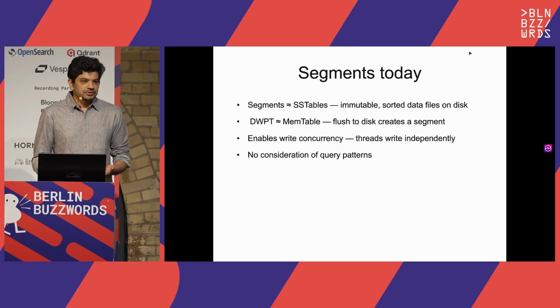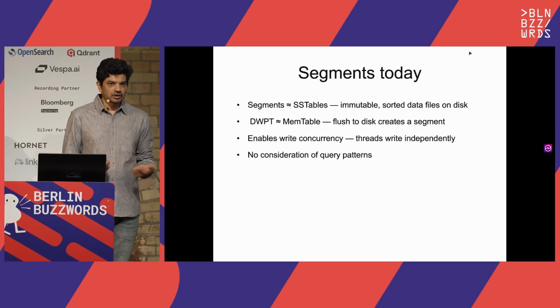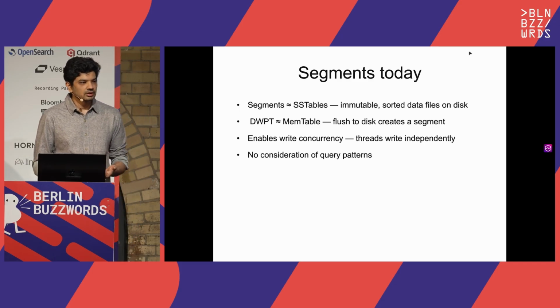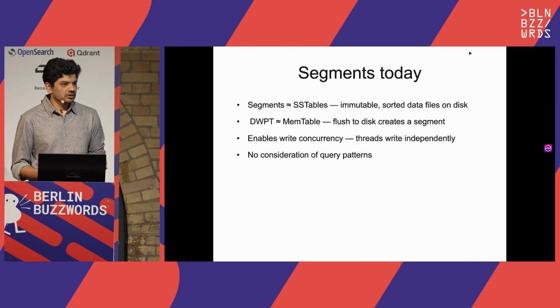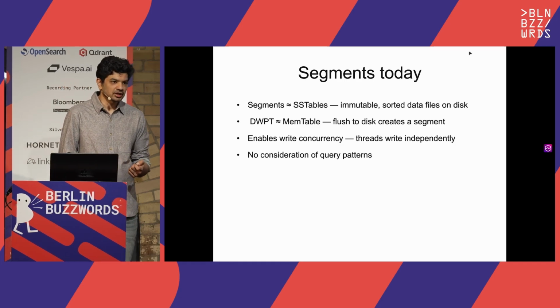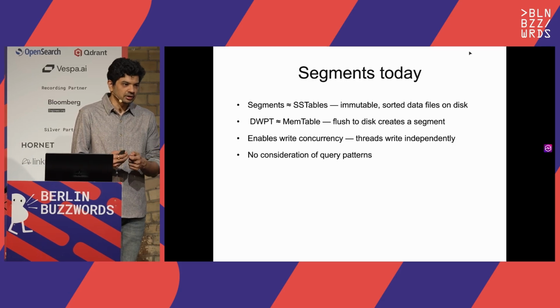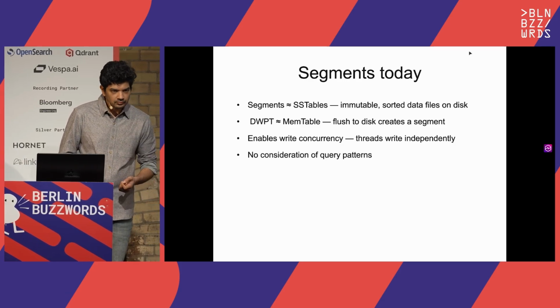DWPTs are a really good way of enabling concurrency without any sort of contention during writing. So the idea is any thread that is free while writing will pick up a DWPT and write the data in it, and then it will eventually get flushed.